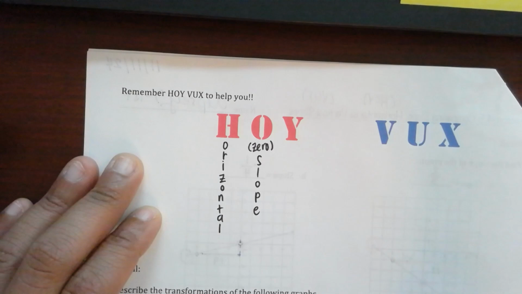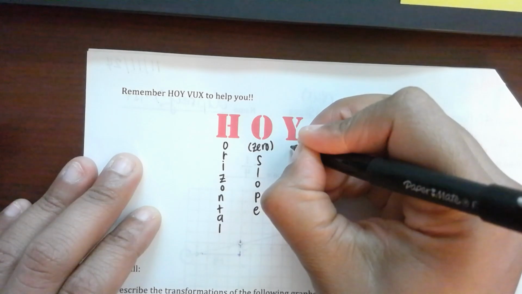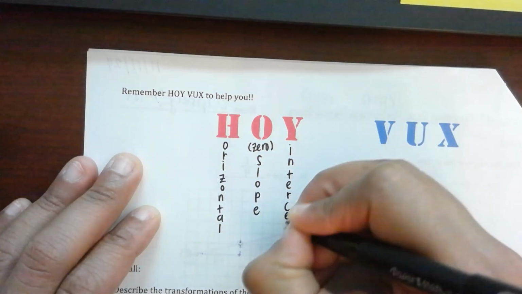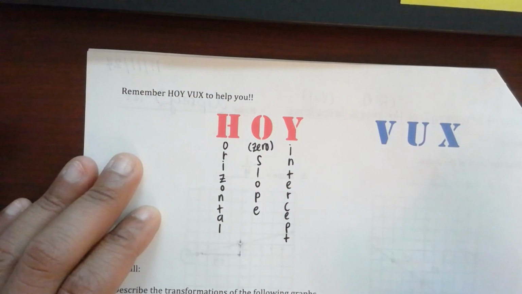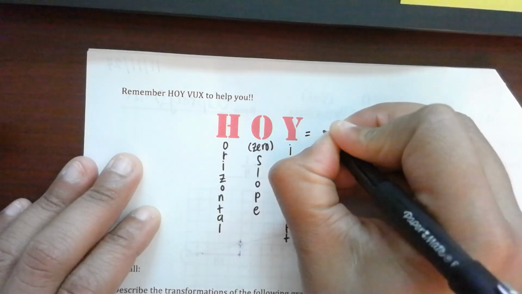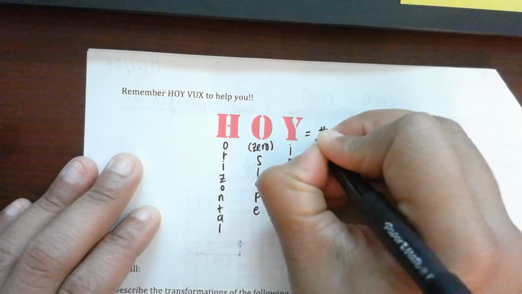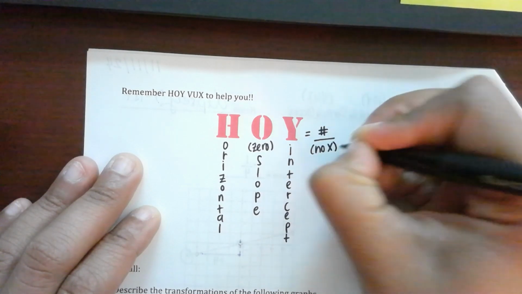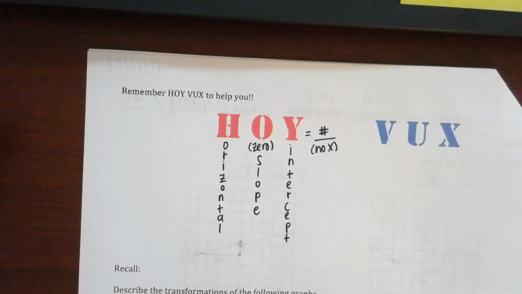And then Y intercept, meaning this is going to equal a number and no X. Meaning y equals a number, no X value.